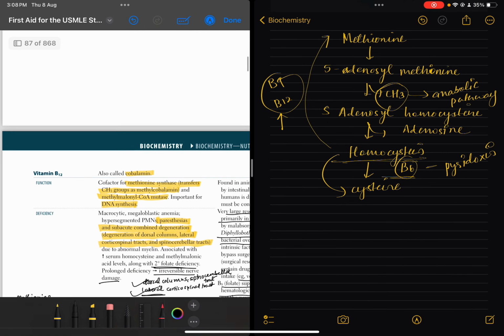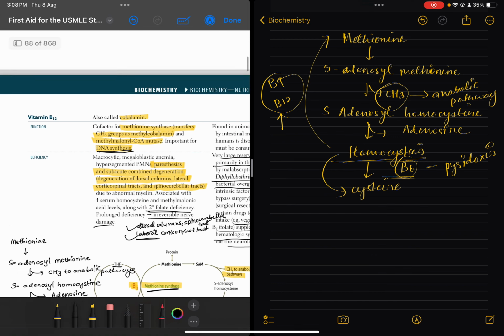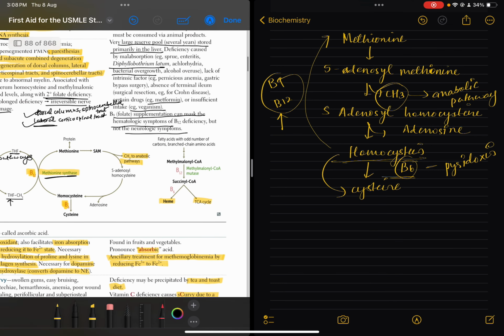So now let's see what is written. B12 is a cofactor for methionine synthase, which transfers the methyl group as methylcobalamin, and for methylmalonyl CoA mutase. It is important for DNA synthesis. This B12 is also important for DNA synthesis. And in the metabolism of odd-numbered carbon fatty acids and branched chain amino acids, what will happen?